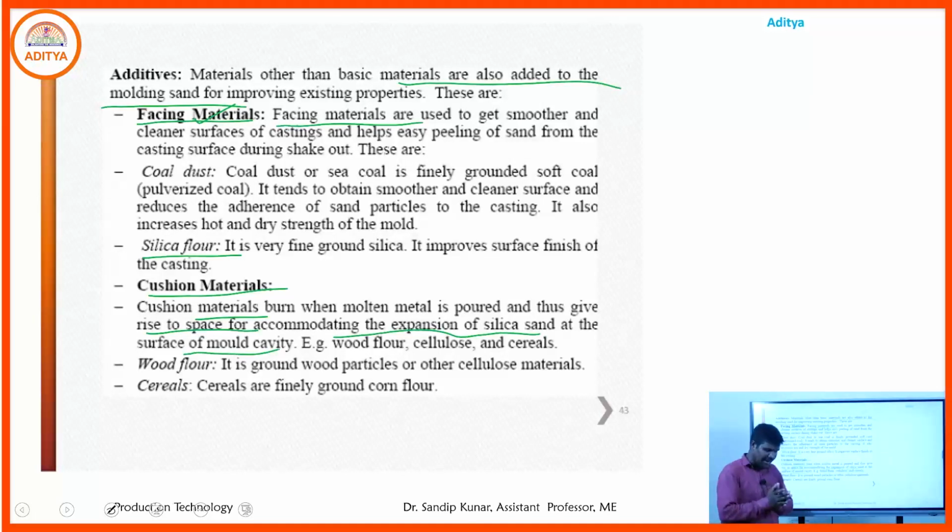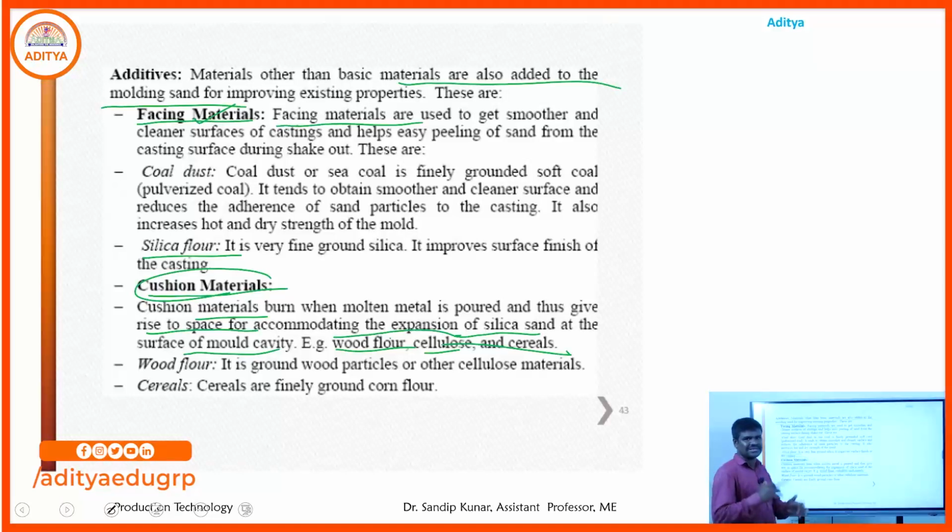Examples of cushion materials are wood flour, cellulose and cereals. Wood flour is ground wood, meaning wood particles, formed by some other processes.